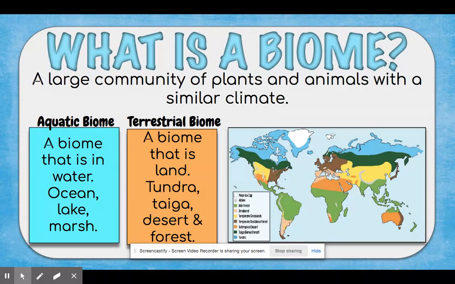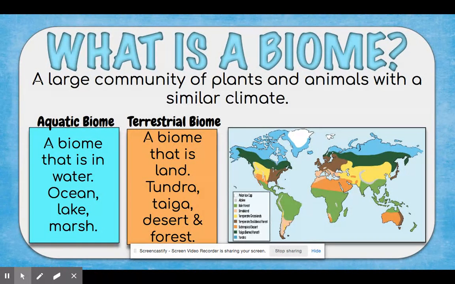Terrestrial biome, that is a biome that is on land. So biomes, large community of plants and animals with similar climate. And you need to think of climate as long-term weather in that area, okay? A general overview of what happens on a normal day in that area. You have two different types of biomes, aquatic or terrestrial.